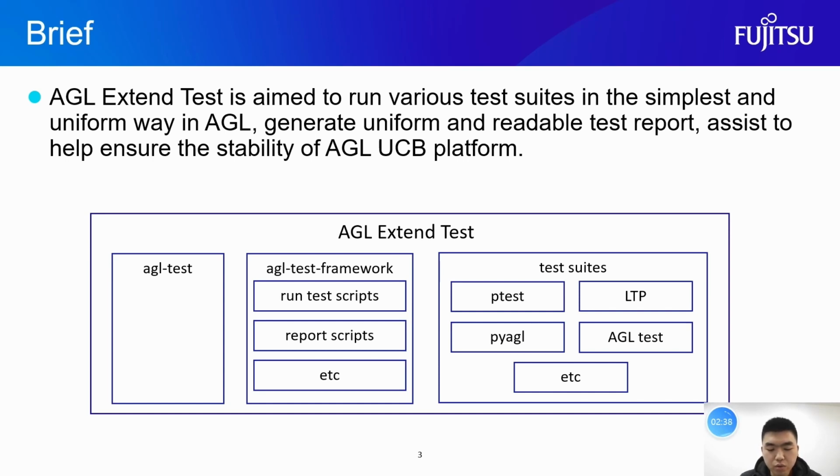LTP is a well-known open source test project. It has many use cases and wide test coverage. PyAGL, that is AGL's own test for application services. AGL test, some AGL-specific test suites. There are a number of other third-party tests as well.